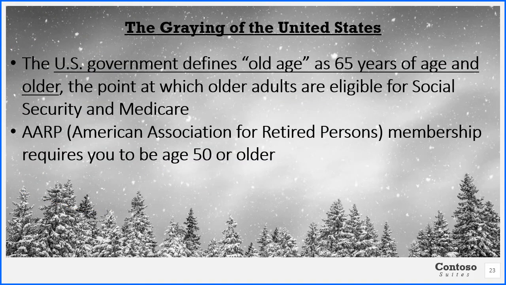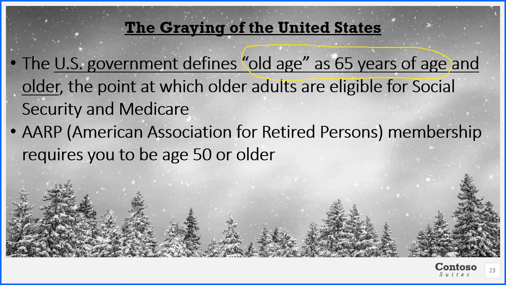We've got this term, the graying of the United States, and basically what you want to know here is that if you want to apply for Social Security benefits or Medicare, the U.S. government defines old age as 65 years old. So you have to be 65 in order to get those government benefits.